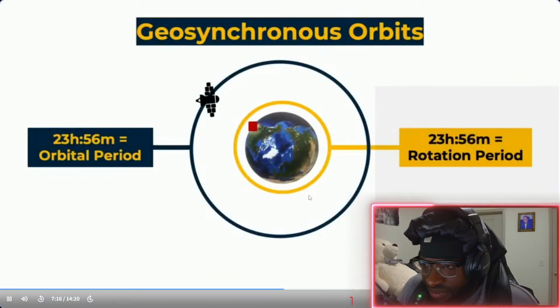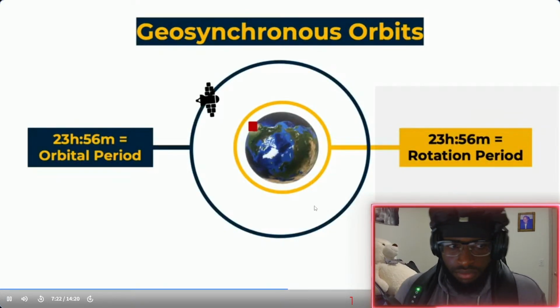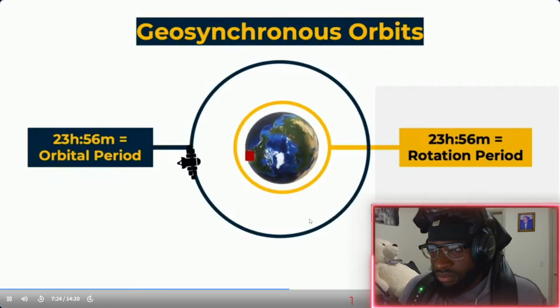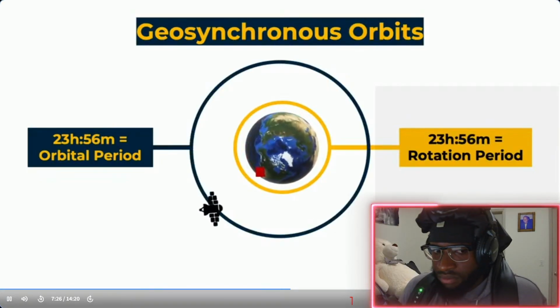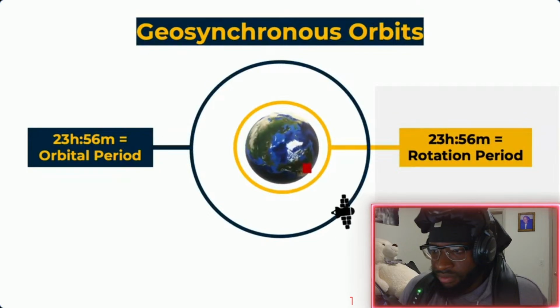Let's move outwards a little bit and let's talk about geosynchronous orbits. Geosynchronous orbits are very interesting because the satellite is pretty far away from the Earth, so the orbital period is quite long. Instead of at low Earth orbit, where orbital periods are only about 90 minutes, at geosynchronous orbits the orbital period is almost exactly 1 day.